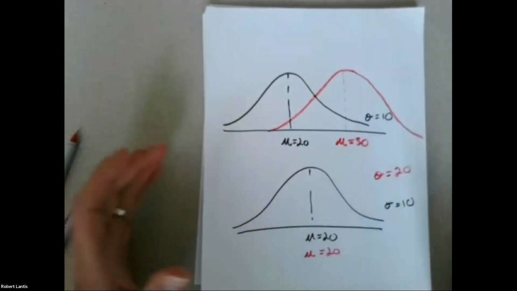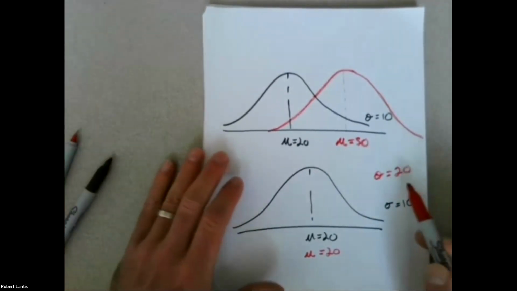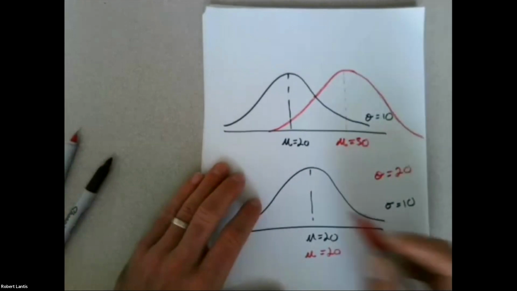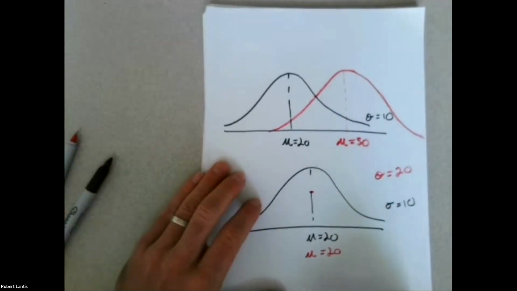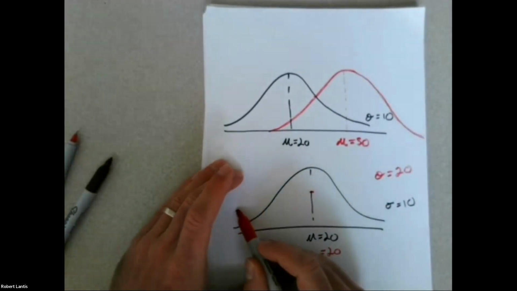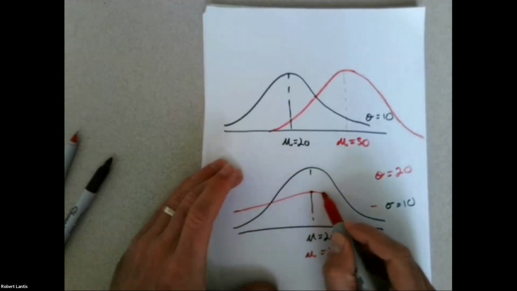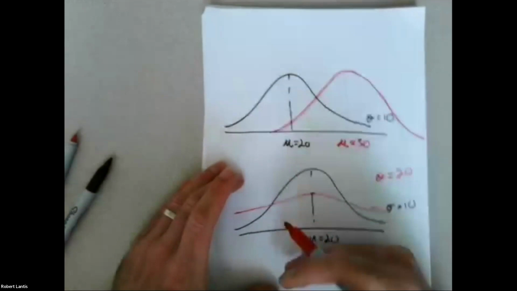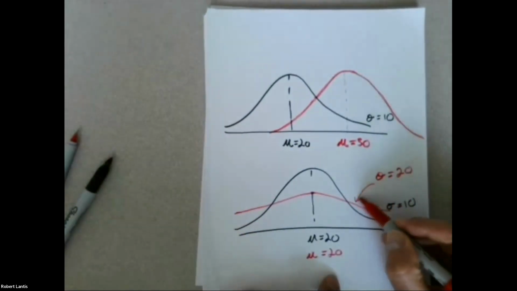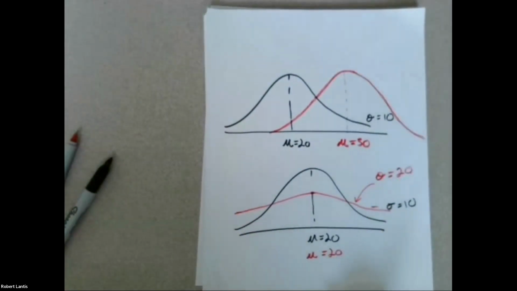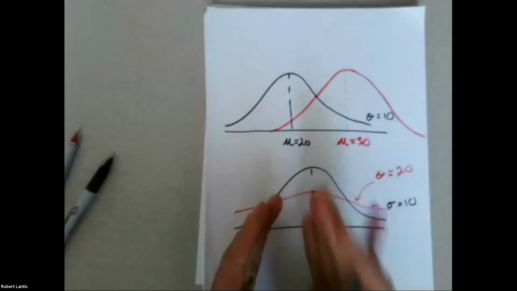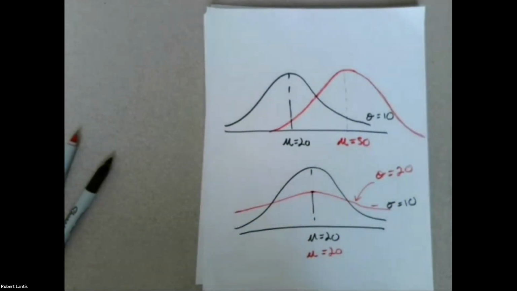That means that it's more spread out. The variance or the standard deviation is higher. That means that values near the mean are going to be less likely. Values further from the mean are going to be more likely, or I end up with this flatter distribution when my standard deviation is higher. Okay, but it didn't shift my distribution at all because the mean was exactly the same.